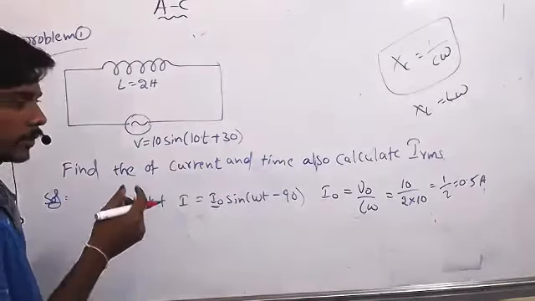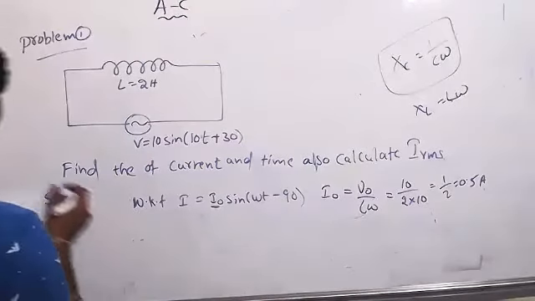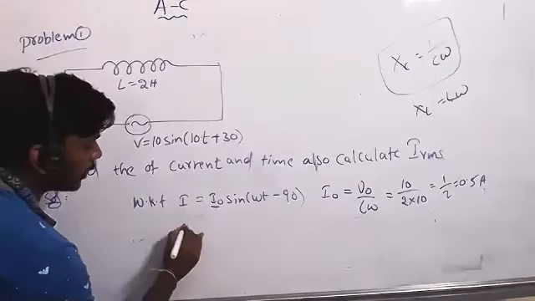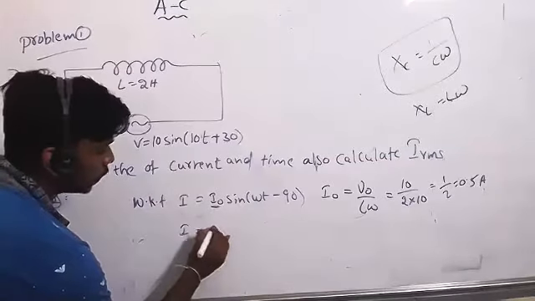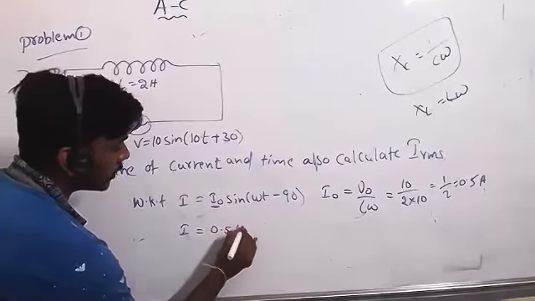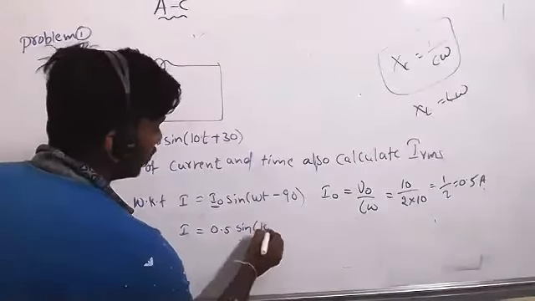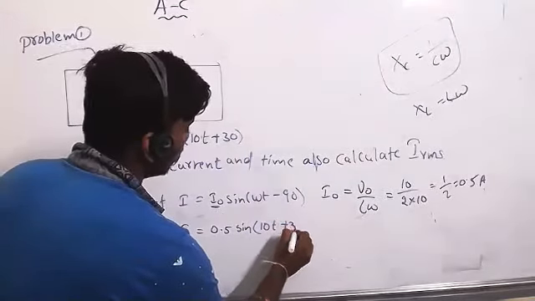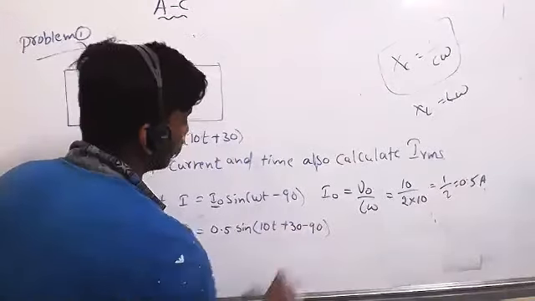So then write this in the form of current. I equal to 0.5 sine 10t plus 30 minus 90.